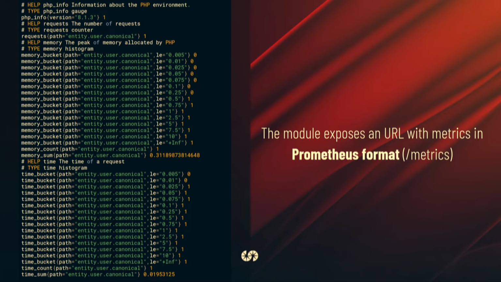This means that we have one request that takes more than 0.5 megabytes, I suppose, for the memory. And so it's one request that is more than 0.7, 0.1, and so on. And the same for the time. So it stores all this information in buckets.